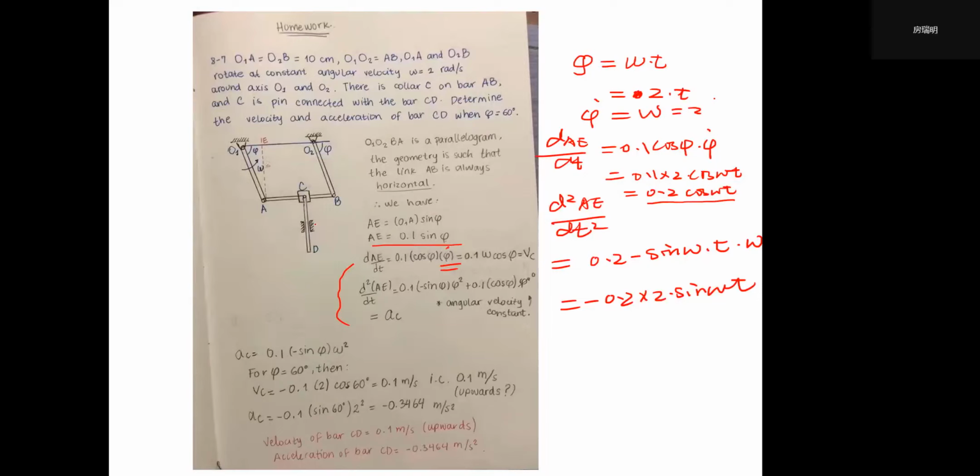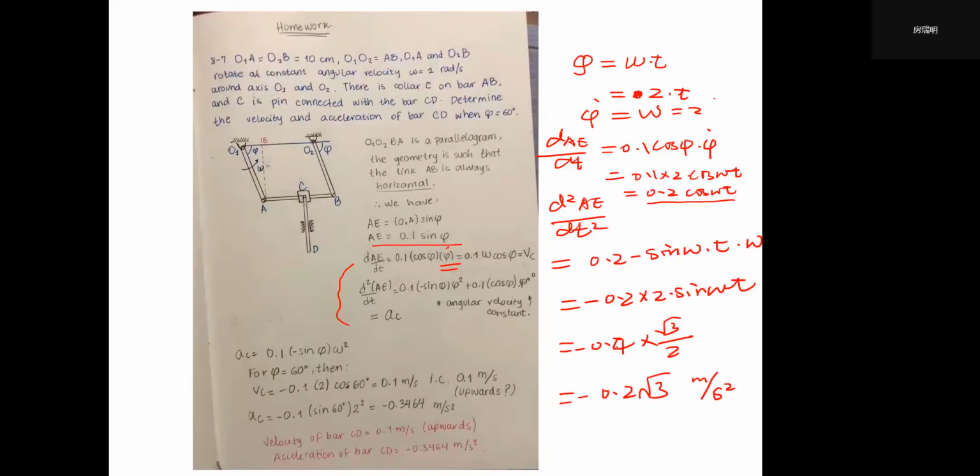And it tells us that phi equals 60 degrees. So we have 0.4 times sine 60, which is, I think, square root 3 over 2. So the final result will be 0.2 root 3. Its unit will be meters per second squared.